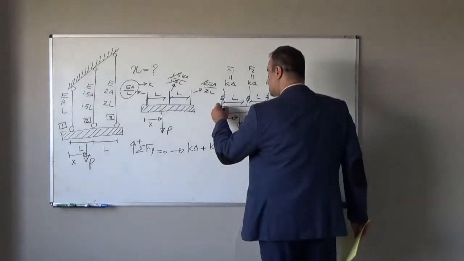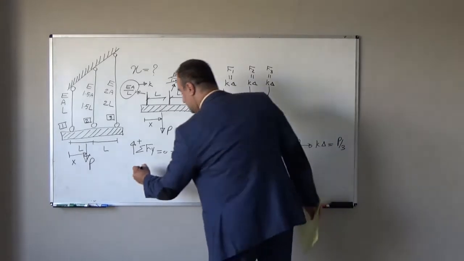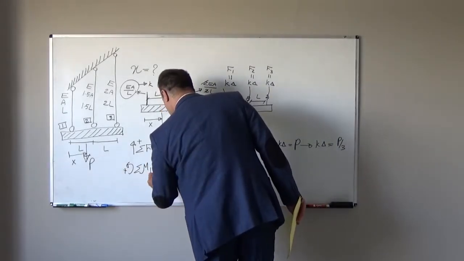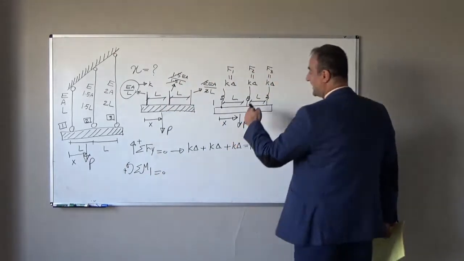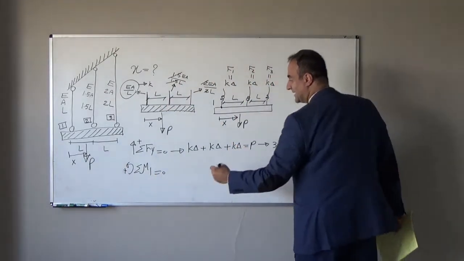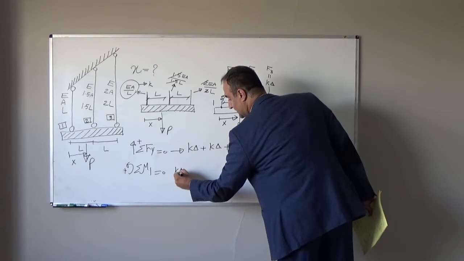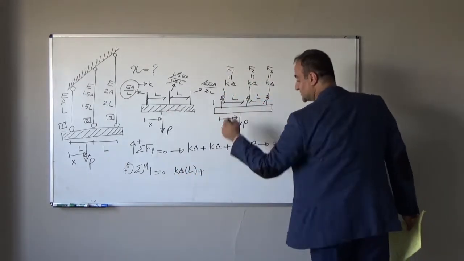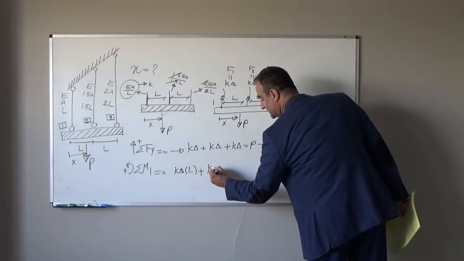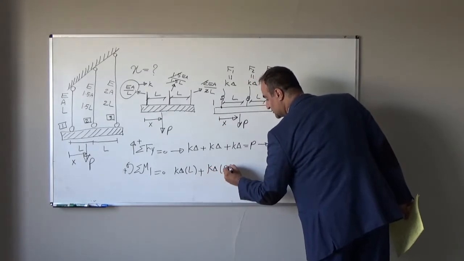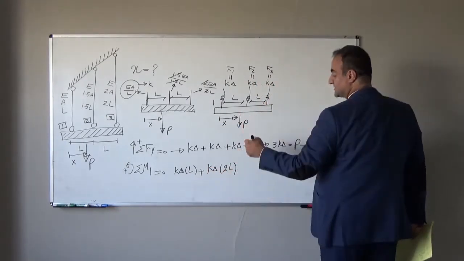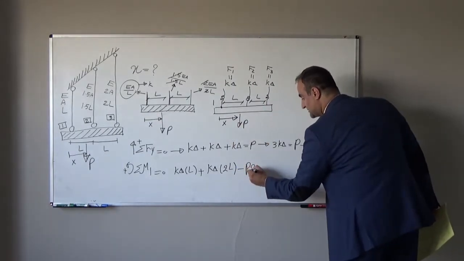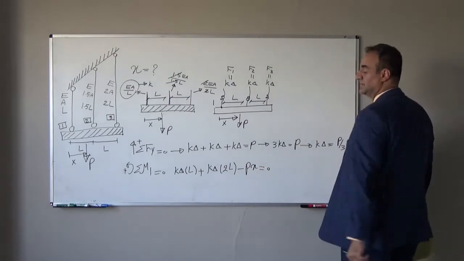If I call this point point 1, and write the summation of moments with respect to point 1 equal to 0, I will have F2 times L, where F2 is K delta, times L, plus F3 times 2L, where F3 is again K delta, times 2L, minus P times X is equal to 0.